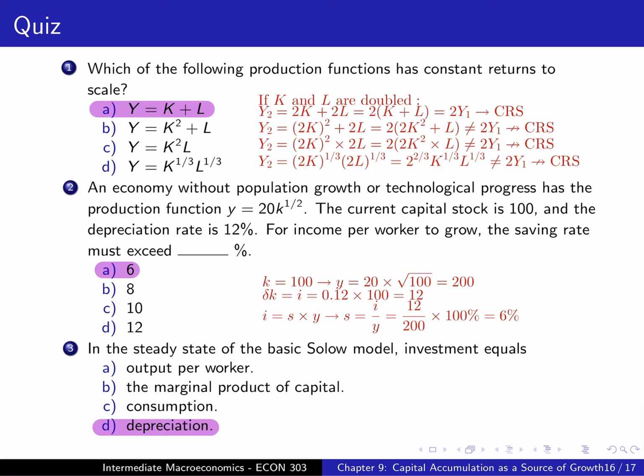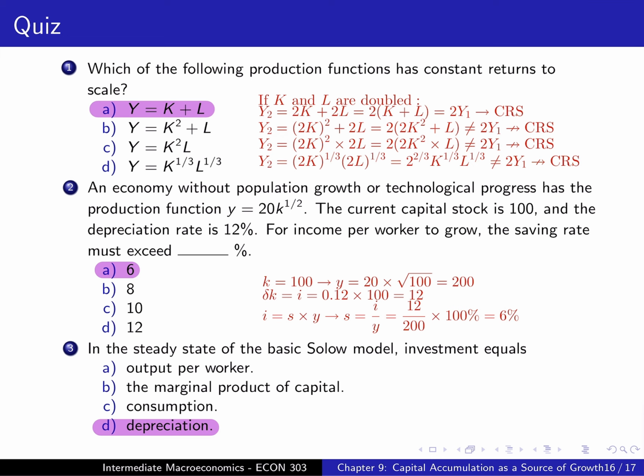B. Y equals K squared plus L. Doubling inputs does not double output, not constant returns to scale. C. Y equals K squared times L. Output increases more than proportionally when inputs double, not constant returns to scale.